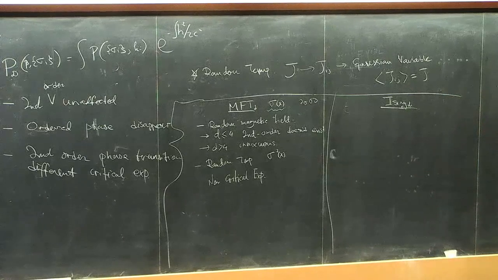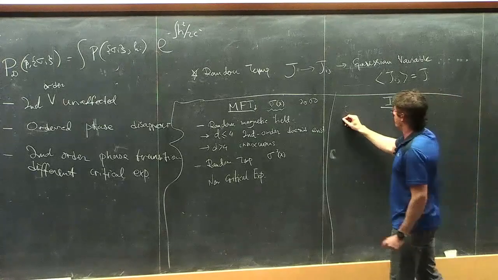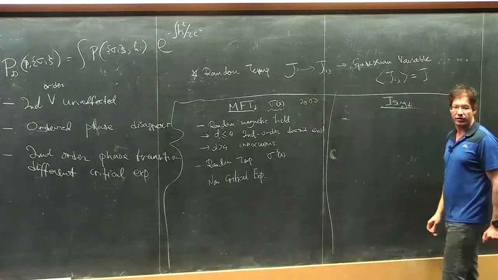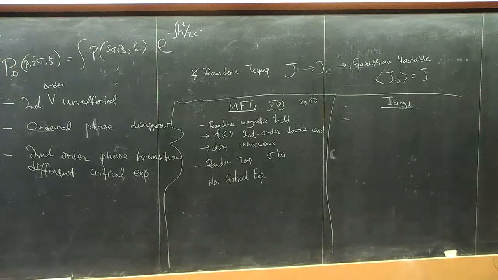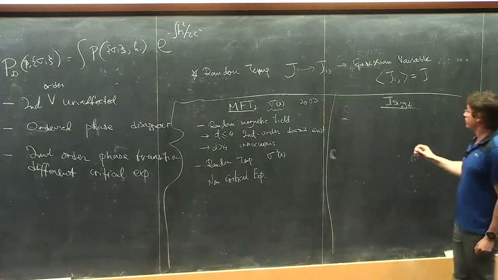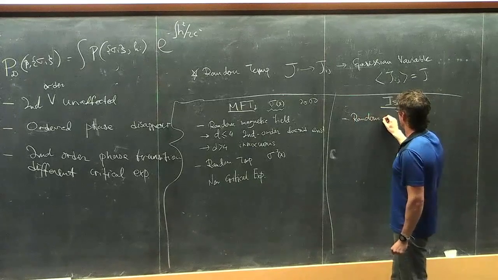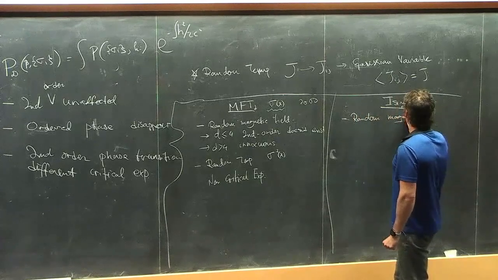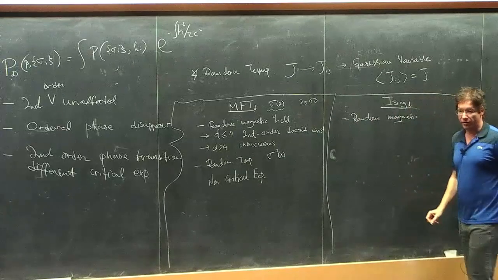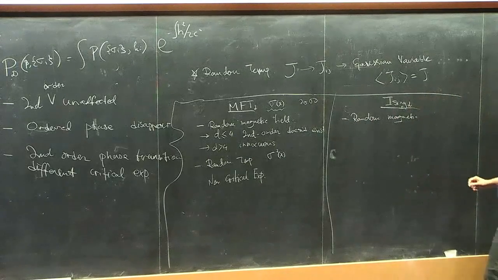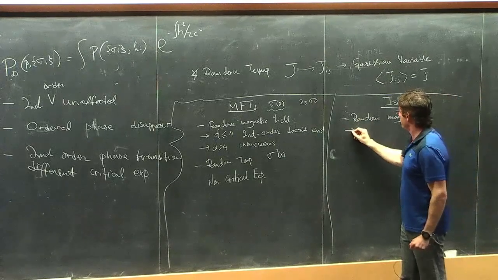So the phenomenology of this is quite different because there is an interaction term. First of all, the first thing that you can ask is what happens if there is a random magnetic field. So that's a subject of a lot of controversy. Let me just tell you a few facts that are well established.